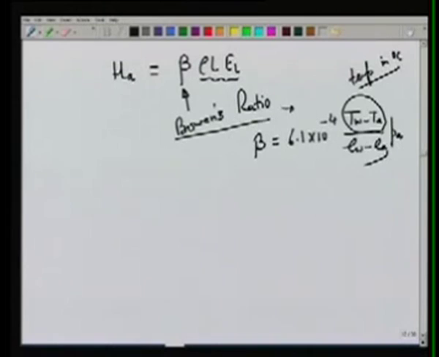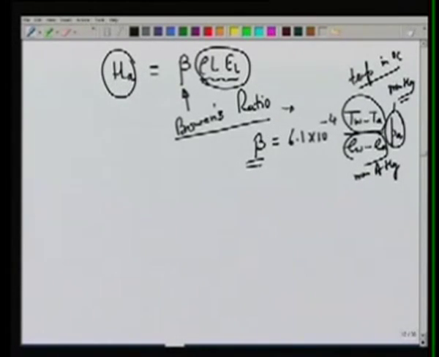EW, EA we have already seen, these will be in millimeters of mercury, and PA also atmospheric pressure, millimeter of mercury. So once we obtain beta, we can obtain HA, or we can write HA in terms of the heat of evaporation and the Bowen's ratio. So using all these values, we can finally get an equation for EL as Hn minus Hg minus Hs minus Hi.